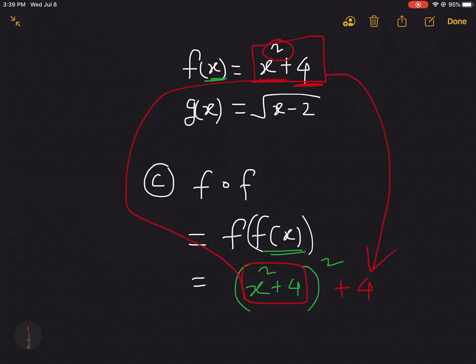And now you need to simplify it. So that's problem C, right?